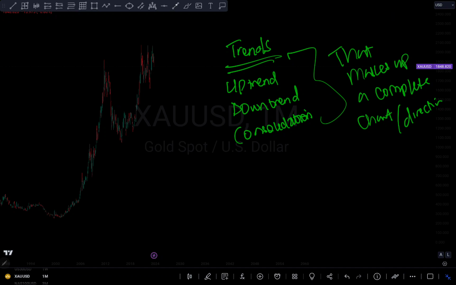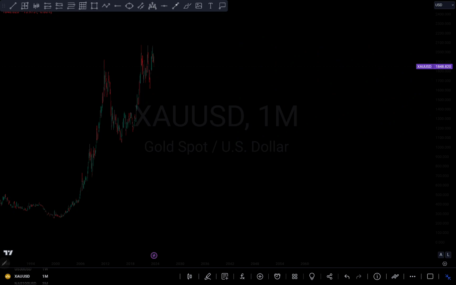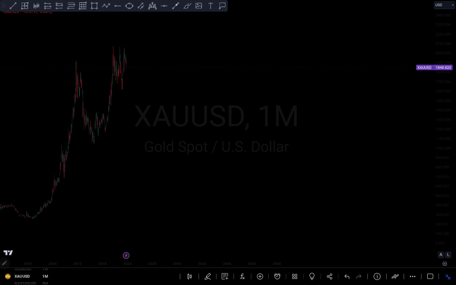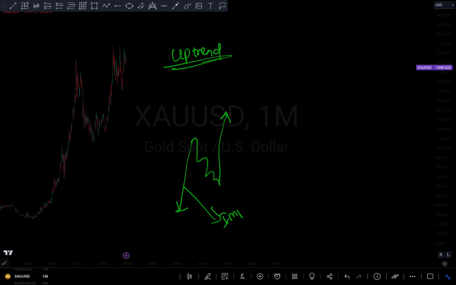Since we're talking about trends, let's go to the uptrend. An uptrend is an impulse, a correction, and a continuation. So this is called an impulse, this is called a correction, and this is a continuation.